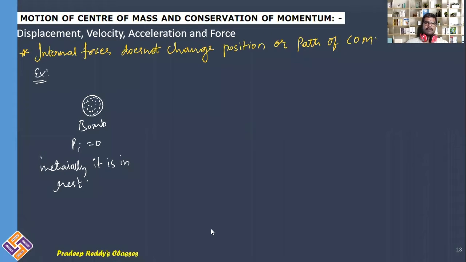Now by itself, because of its own internal force, what would happen? This bomb would undergo explosion and as a result it gets converted into many pieces, and these pieces will be moving in random different directions, this way.